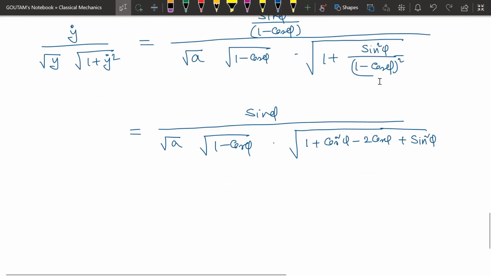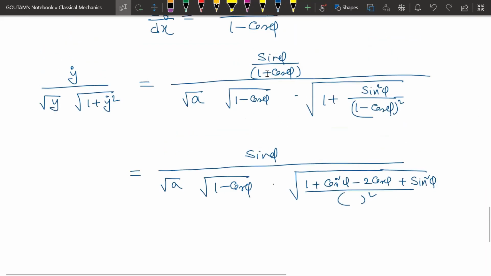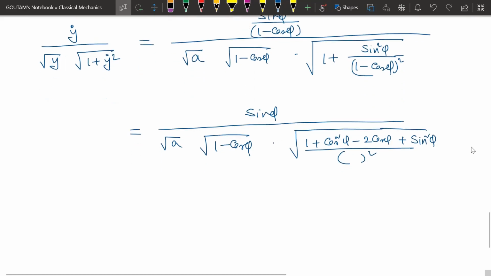And there will also be this term square, (1 minus cos φ) square, which will get cancelled by this term. Okay, now sin square φ plus cos square φ will be 1.